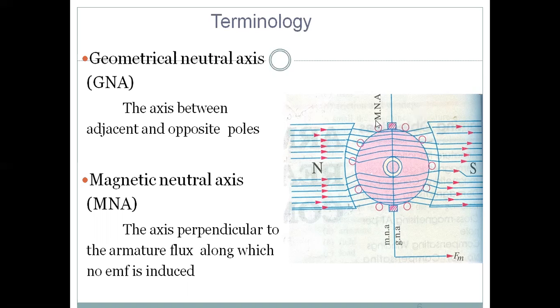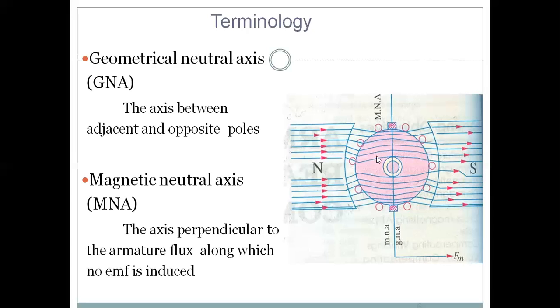When the conductor crosses the MNA at one position, it does not carry any current, meaning EMF is not induced. Where EMF is not induced, that portion is called the MNA axis. For the two-pole DC generator shown, this MNA axis is the same as the geometrical neutral axis.